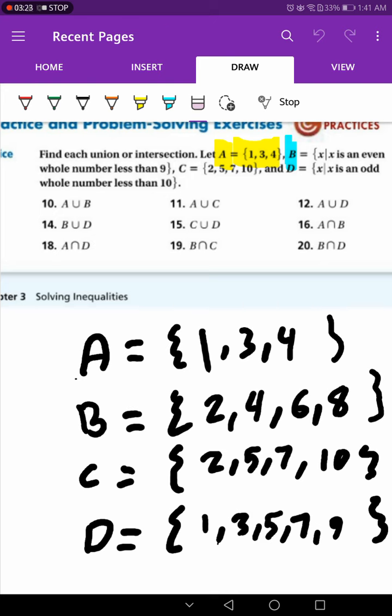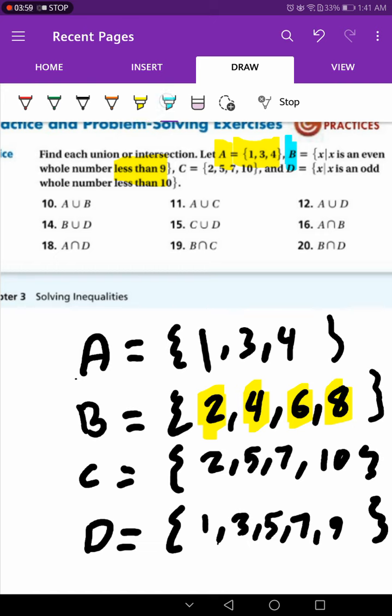First of all, X is even, so it is 2, 4, 6, 8, 10, 12, 14, and you keep going, counting by 2. But it says less than 9, which means you stop before the 9. So 2, 4, 6, and 8 are the elements of set B.